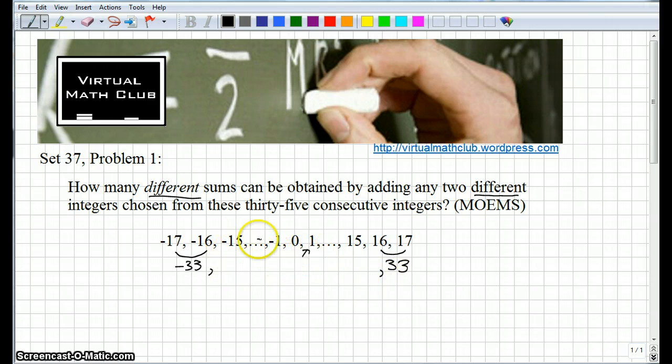And because you've got all the integers, you can always add one or subtract one to any of these sums. So you'll essentially get every integer between negative 33 and 33. So you can get negative 32, negative 31, and so on, all the way up to 33.